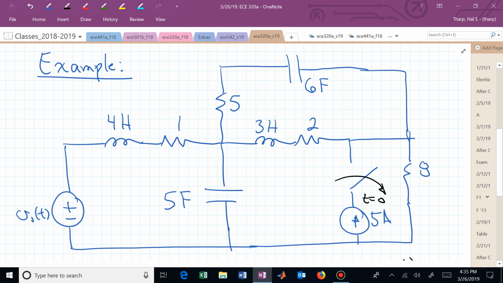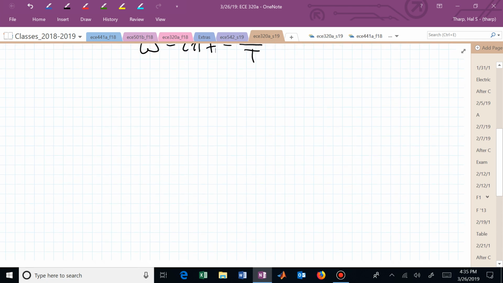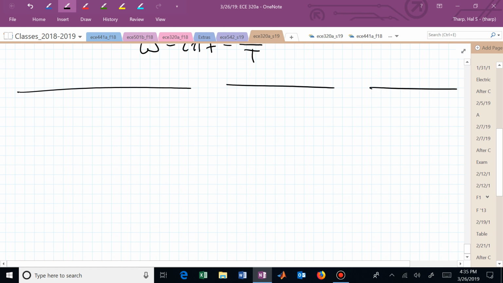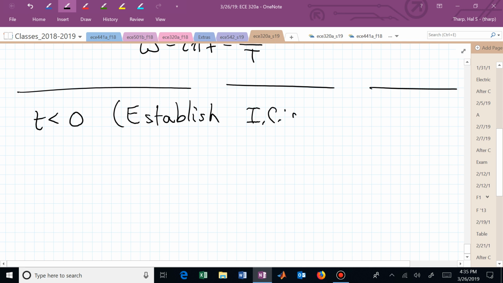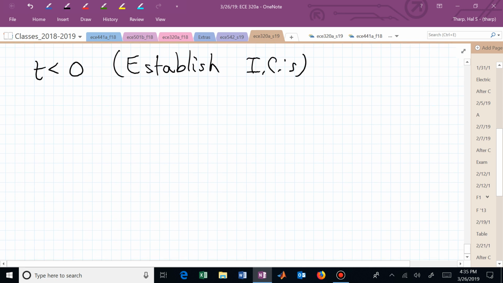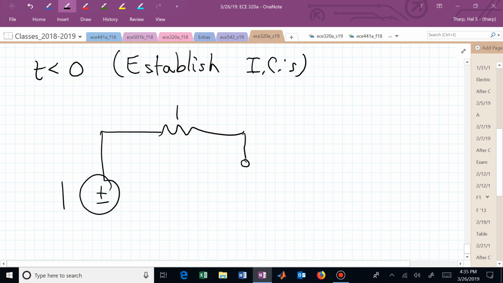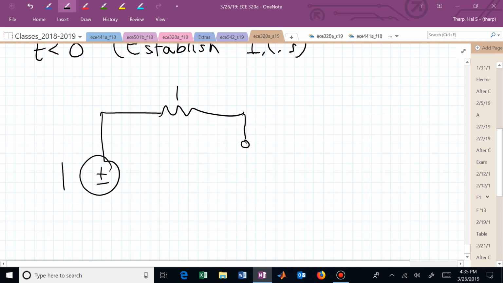So now we can re-sketch this for negative time to establish the initial conditions, for t strictly less than 0. The circuit now has a 1 there. I'm assuming my impedances are correct. Then we had a capacitor that opened.